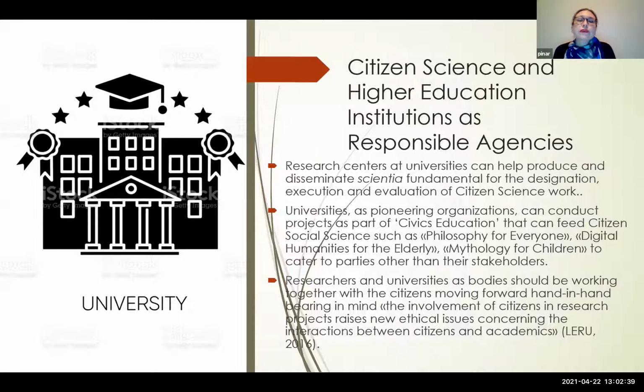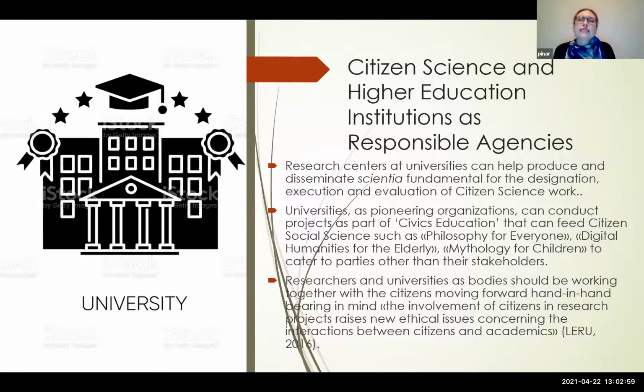Some examples are citizen science work, and some are carried out as part of civics education. For example, there can be projects like philosophy for everyone, or digital humanities for the elderly, or mythology for children type of projects.